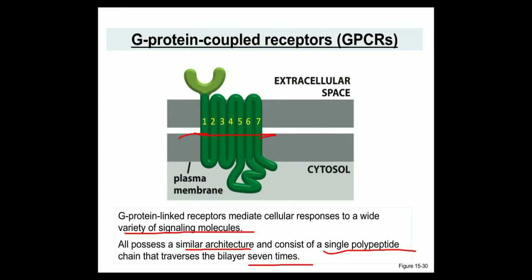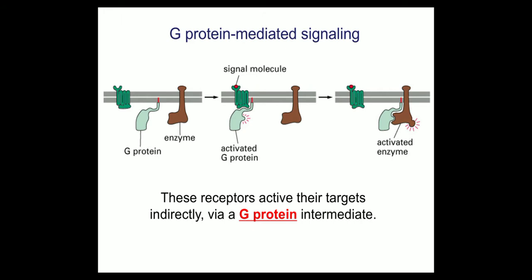So now let's move on. Now G protein mediated signaling. This process is called G protein coupled receptor because this receptor further binds with the G protein. That's why it is called G protein coupled receptor. These receptors activate their targets indirectly via a G protein intermediate.